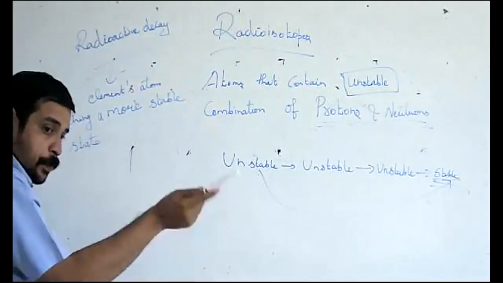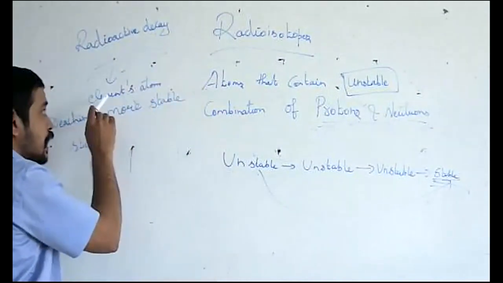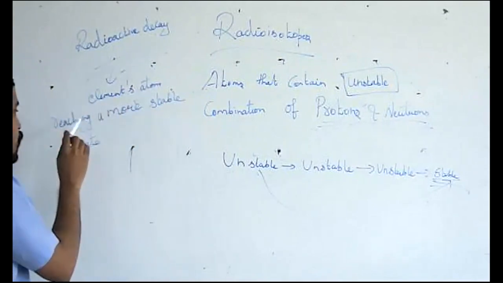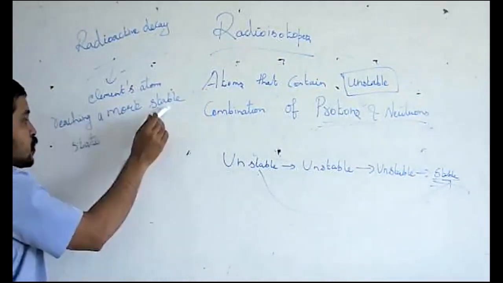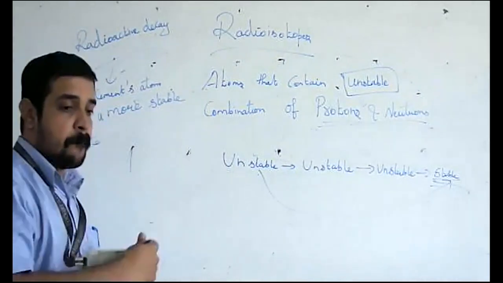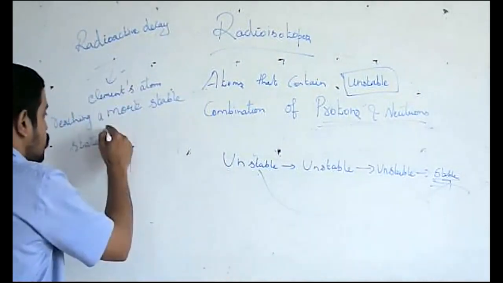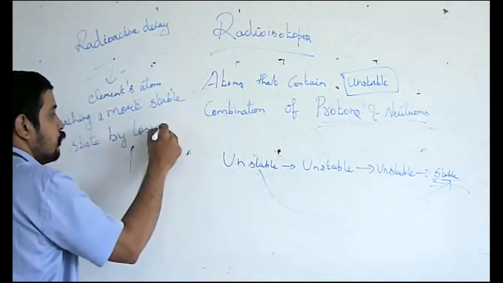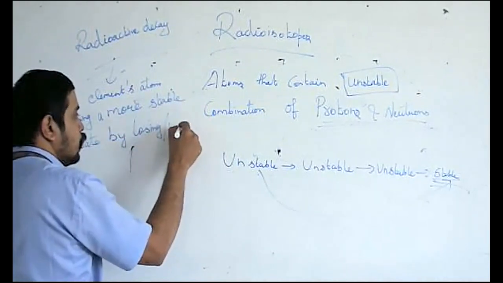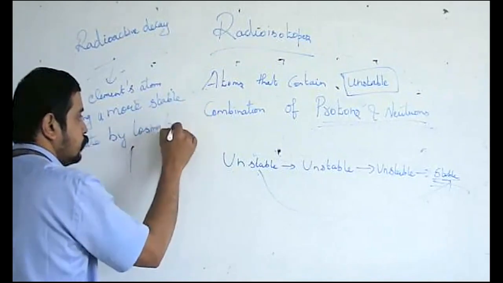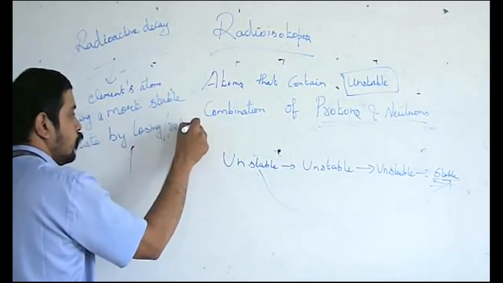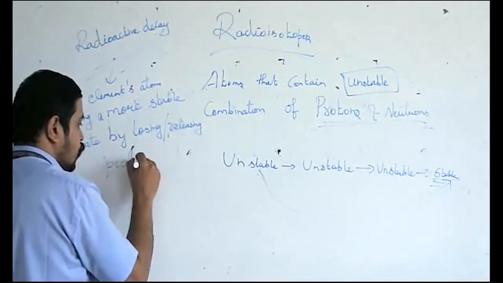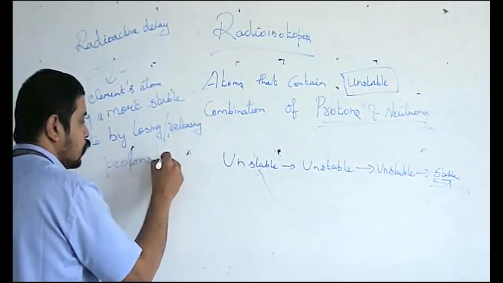Radioactive decay is a process in which an element's atom reaches a more stable state by losing or releasing protons or neutrons.